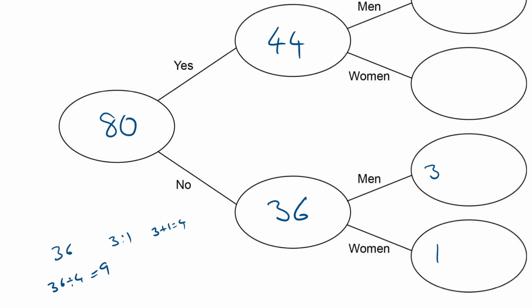So multiplying 9 by 3, I'm going to get 27, and multiplying 9 by 1, I'm going to get 9. So that means dividing 36 in the ratio of 3 to 1 gives me then 27 men don't have a voucher, and 9 women don't have a voucher.